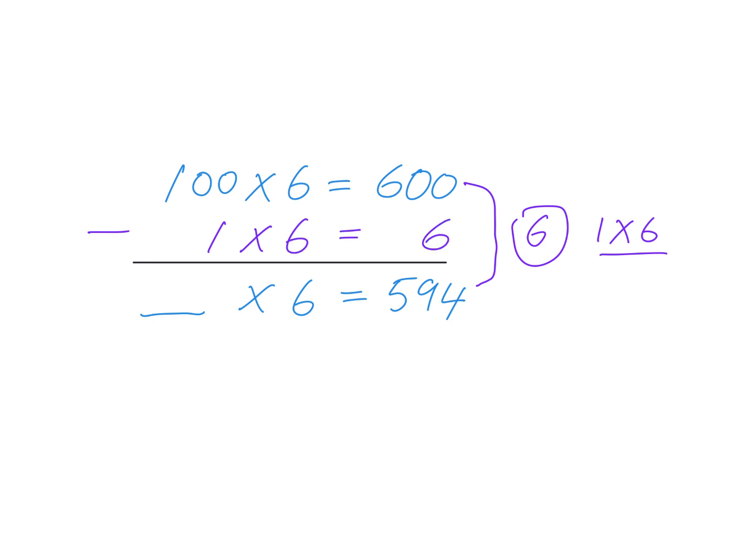So if we know 100 groups of 6 equals 600, and we take away one group of 6, we have 99 groups of 6 to give us our total of 594. So 99 groups of 6.